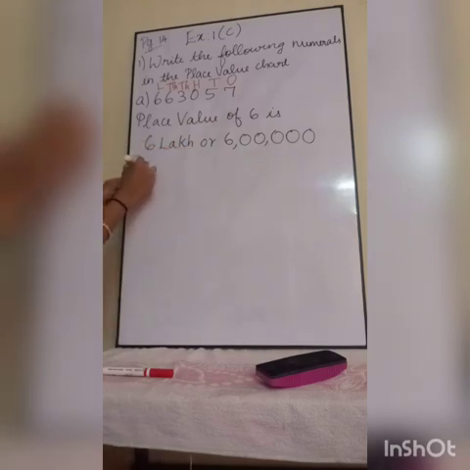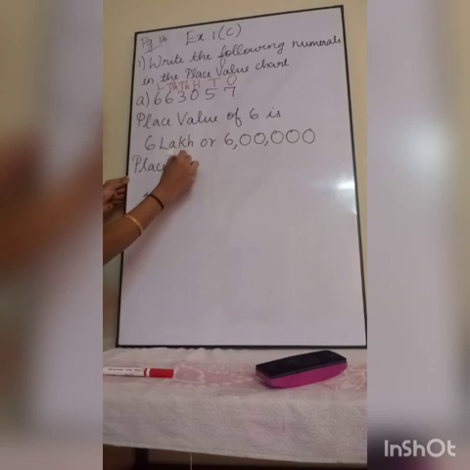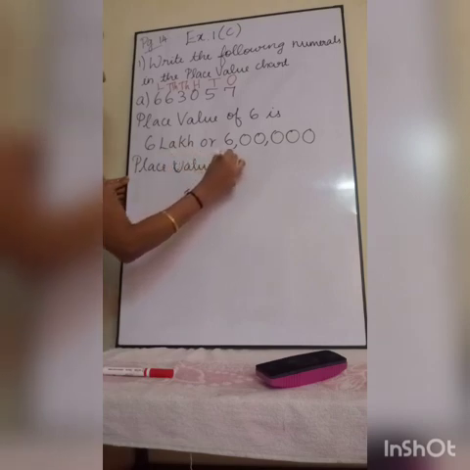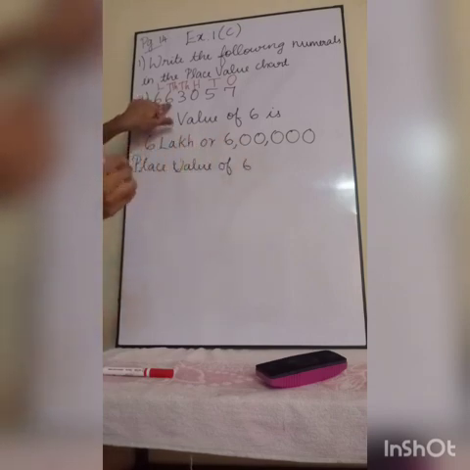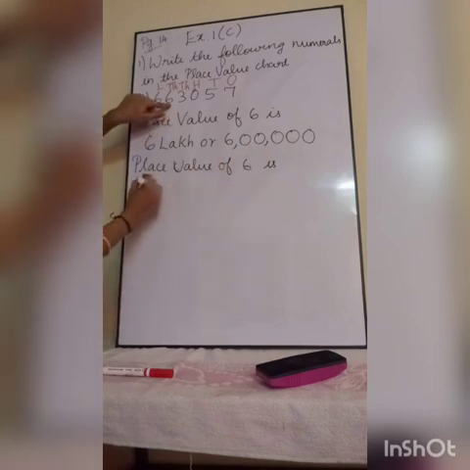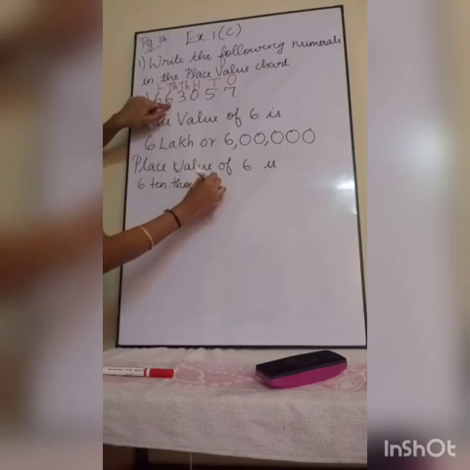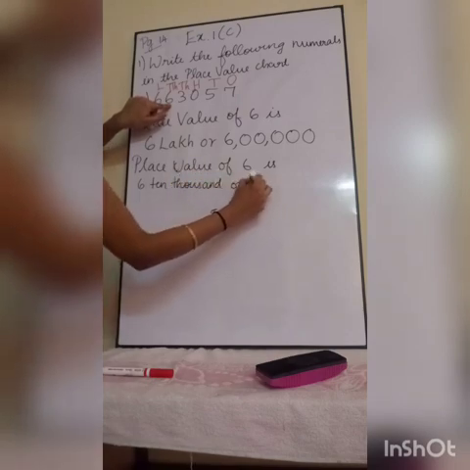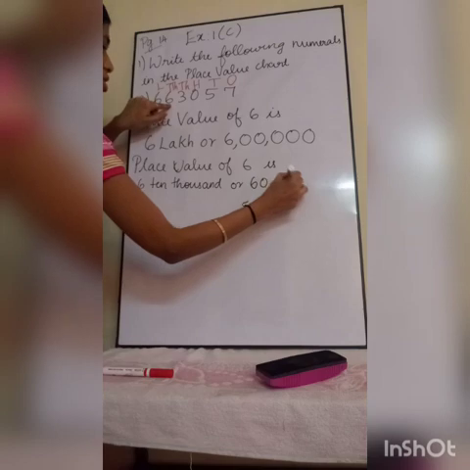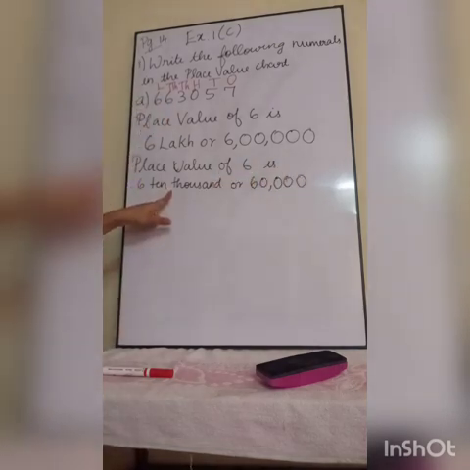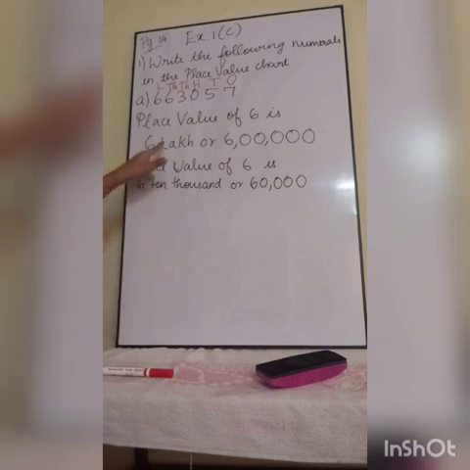Next, place value of 6. I am going to consider this 6 as 6 10,000s, right? 6 10,000s, or you will write 60,000, because 6 into 10,000 is 60,000. So I wrote 60,000. Okay.